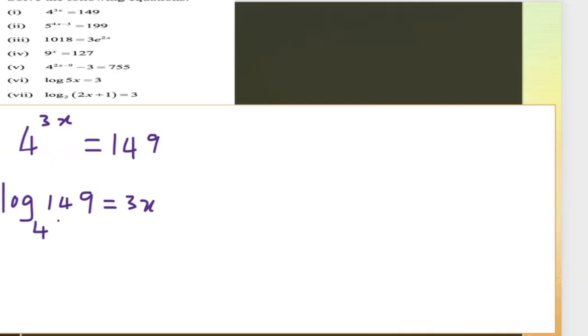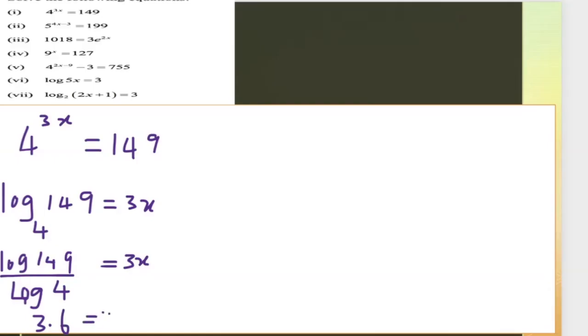And then if your calculator cannot read this, we have to use change of base to write this as log 149 in the numerator, and then log 4 in the denominator equal 3x. Then you take your calculator and enter log 149 divided by log 4, and you round it off properly. So I'm going to say 3.6 using one decimal place equal 3x.